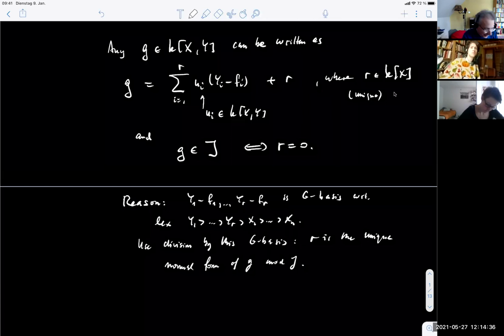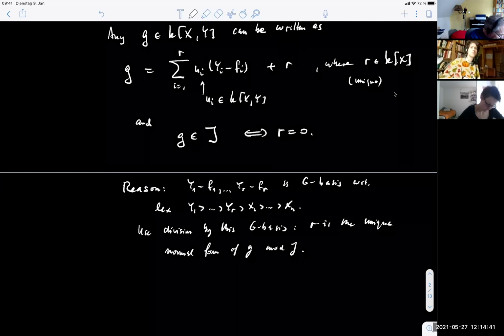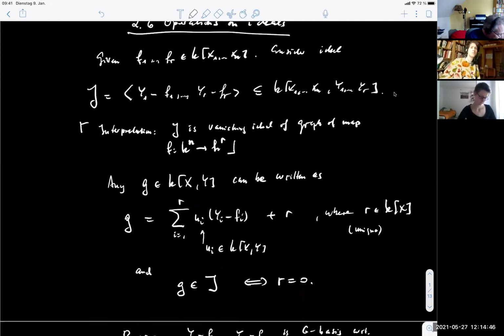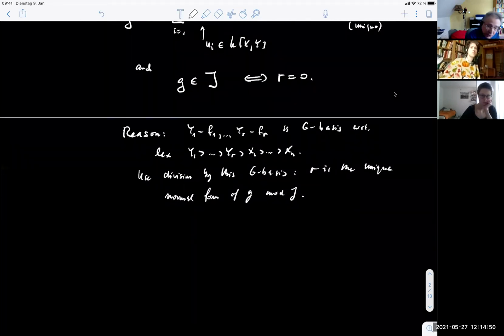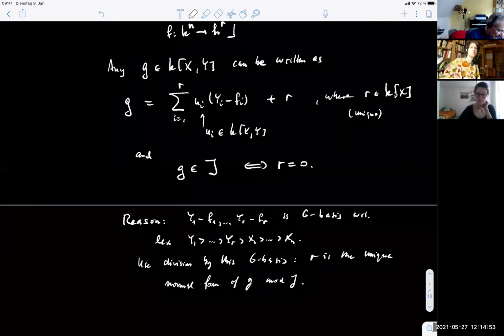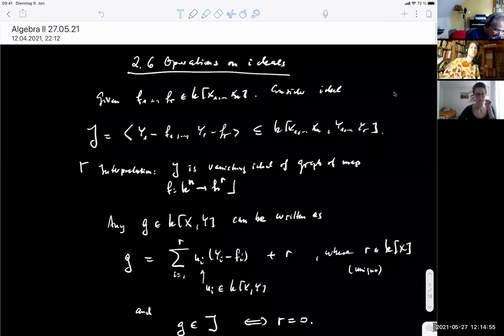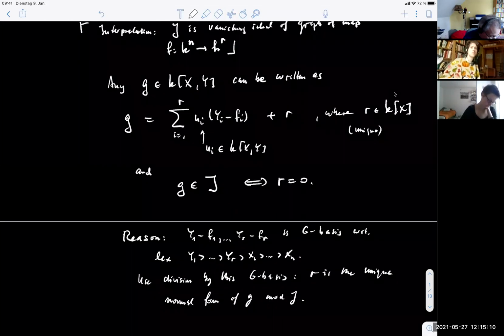Good. So what does it help us? What I want to discuss here, I forgot to say, there are several applications. The application here I want to discuss is on subalgebras. In the last session, I already started with this, but now I want to continue.